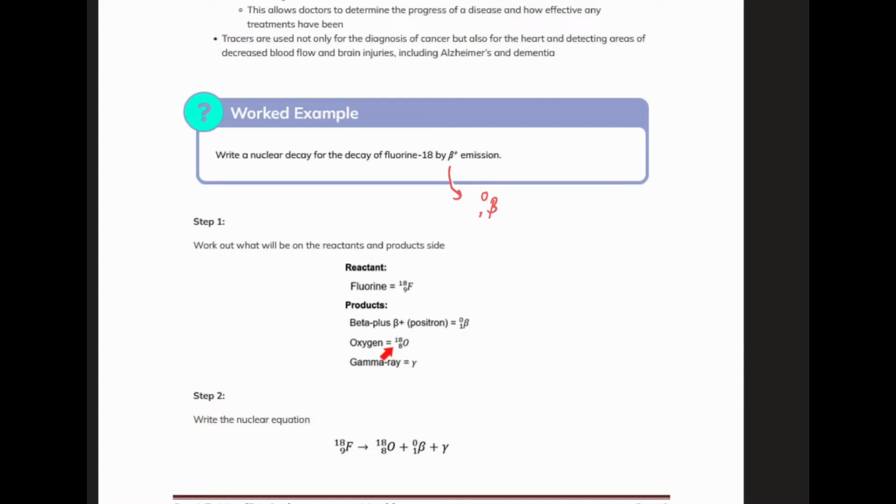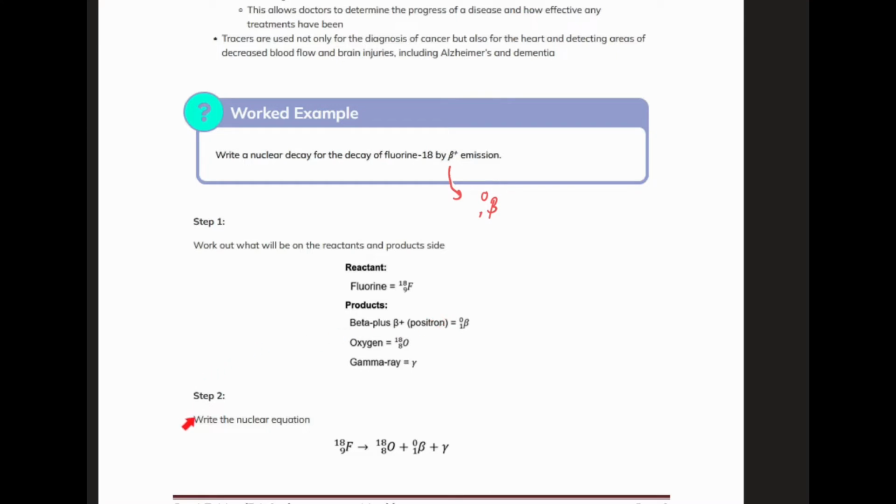Then we also have a gamma ray. So why do we have a gamma ray? This is already written on the first page, where technetium-99m or fluorine-18 both emit gamma ray radiation. Gamma ray radiation is just energy. It doesn't affect the proton number and the nucleon number.